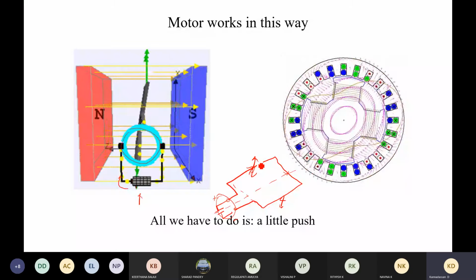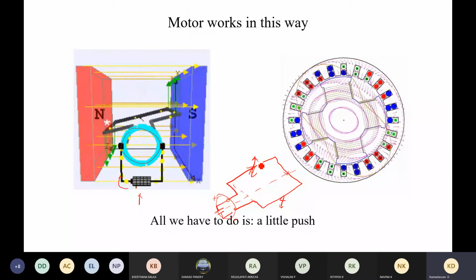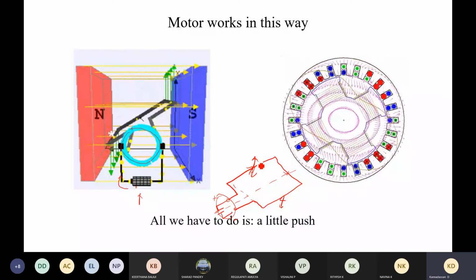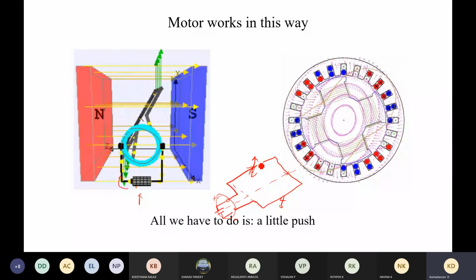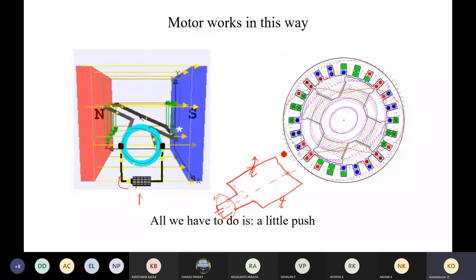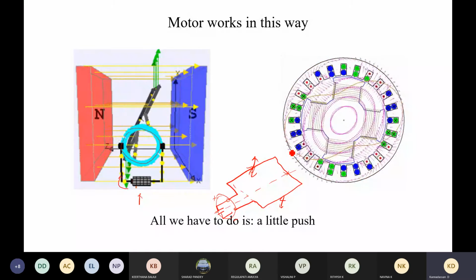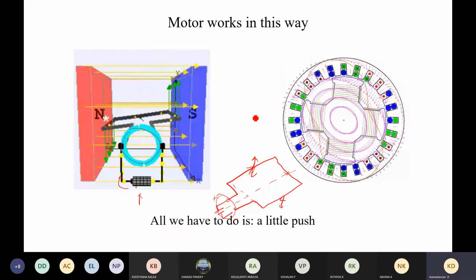This small movement is more than sufficient to make the shaft move, and the force will keep going. The maximum force will be exactly when it is in the perpendicular direction.